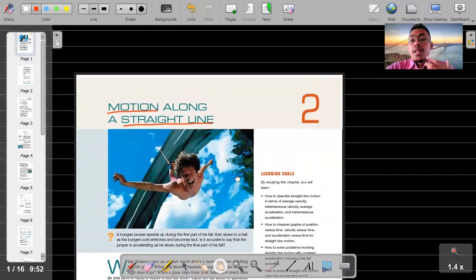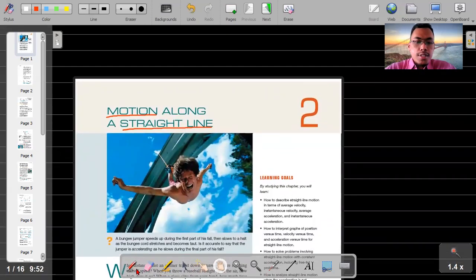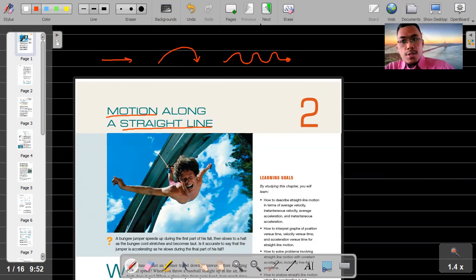There are a lot of types of motion: straight, and then curve or wavy. In this topic, we are going to learn the simplest type of motion, which is motion along a straight line. This is the key point of our topic in this recording.